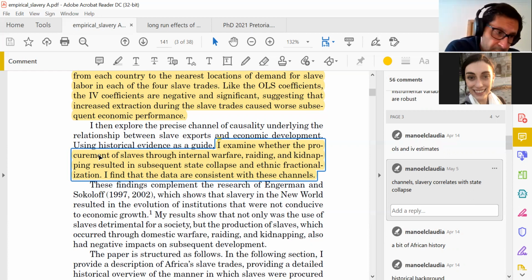It resulted, folks, obviously it resulted in state collapse, because once you start enslaving your own population, that's very difficult to have any sort of credible state. And also it resulted in more ethnic fractionalization, because usually one ethnicity within the same state would enslave a different ethnicity, right? There are other channels that he's going to talk about in a few moments.